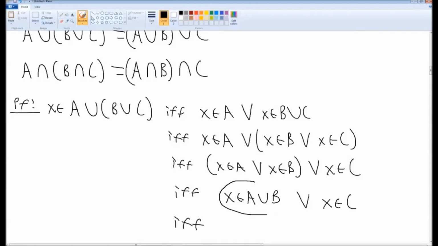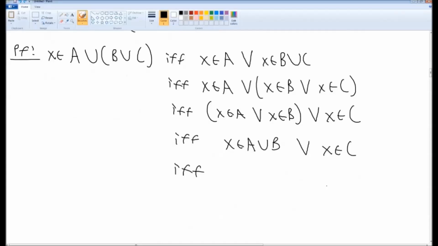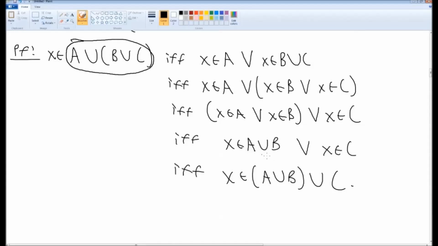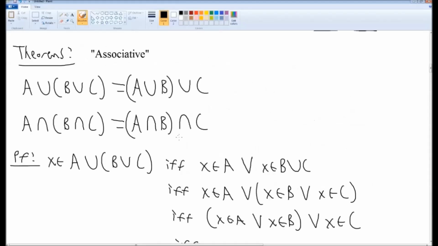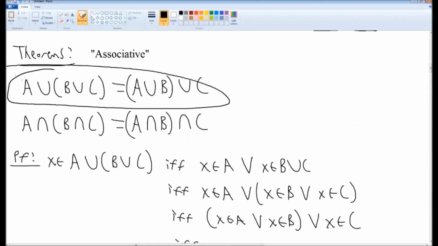Well, if you're in A union B or you're in C, then that means you're in the union of this guy and this guy. So we showed that you're an element of this set if you're an element of this set and vice versa. So therefore, by the axiom of extensionality, these two are equal. So that proves the first theorem.